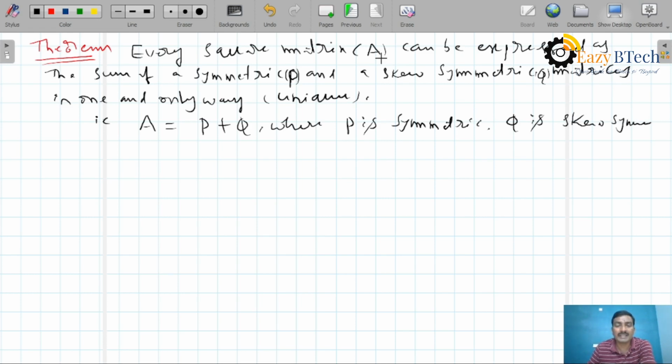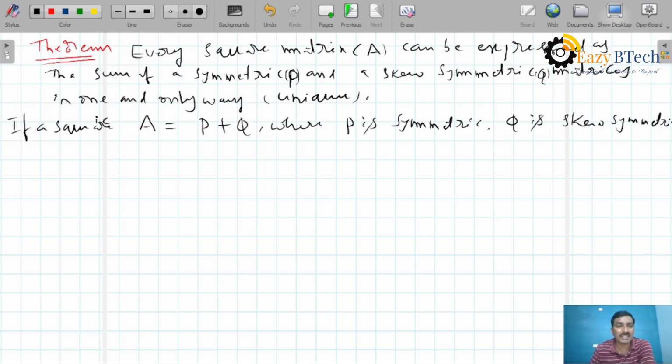Just observe, all of you. If a square matrix capital A can be written as the sum of a symmetric matrix P and a skew symmetric matrix Q, this is our required statement.